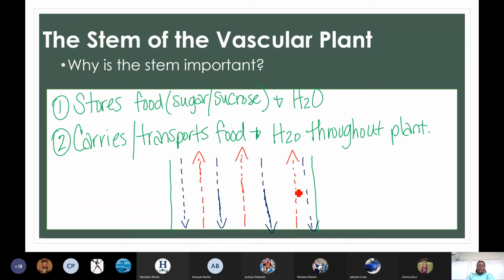Notice how Miss Neville's using different colors. You should as well. That highway that's traveling up is called the xylem.